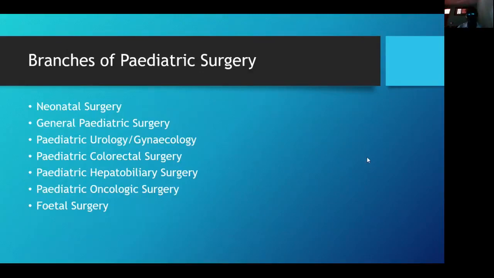All these are not by any means exhaustive, because there is also pediatric neurosurgery, but a lot of times neurosurgeons do take part in the care of children, but they are not specialist pediatric surgeons. And in some places, pediatric surgeons have been known to do some pediatric neurosurgery.